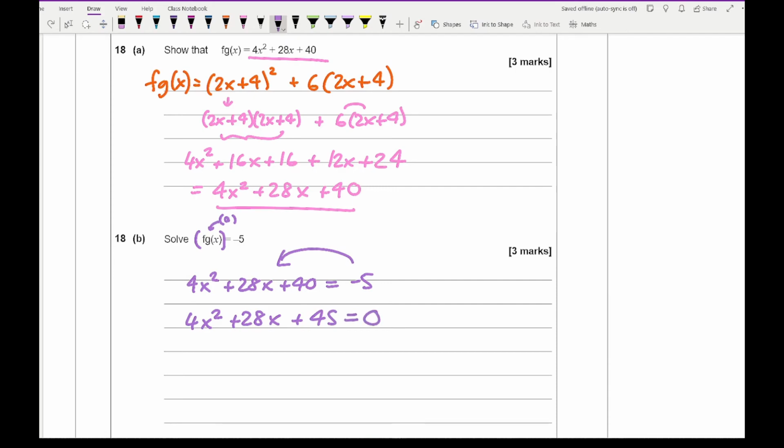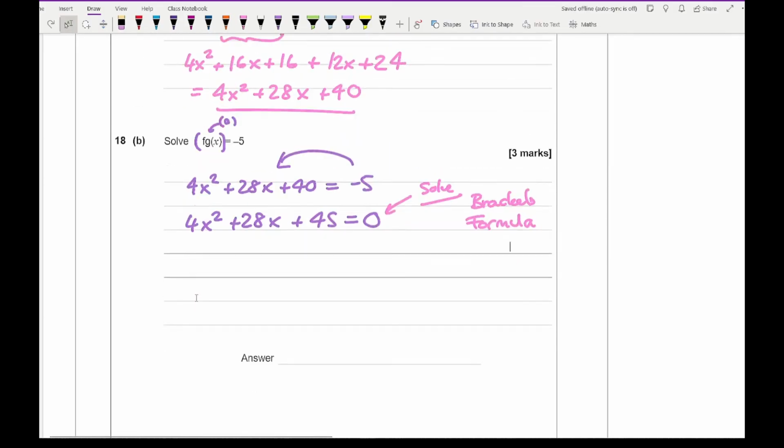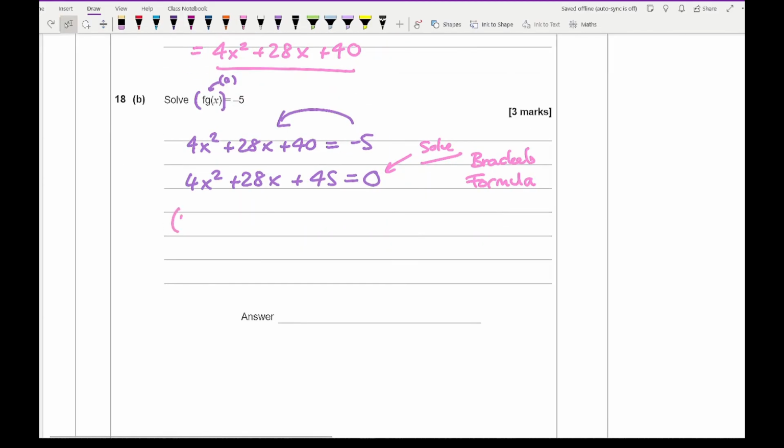Now from here, you can use two ways of solving this. You can either do it by using brackets, so by factorising, or by using the quadratic formula. This does factorise, and again it's entirely up to you whether you use the quadratic formula or factorise. If we do factorise it, it should give you 2x plus 5 and 2x plus 9 equals 0. Then either 2x plus 5 equals 0 or 2x plus 9 equals 0.